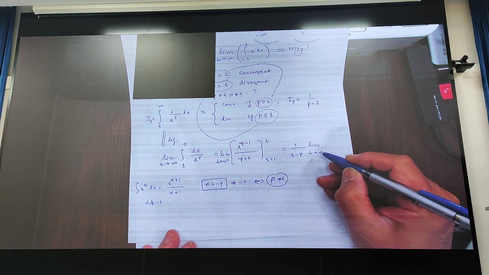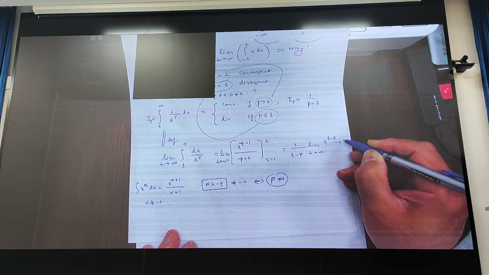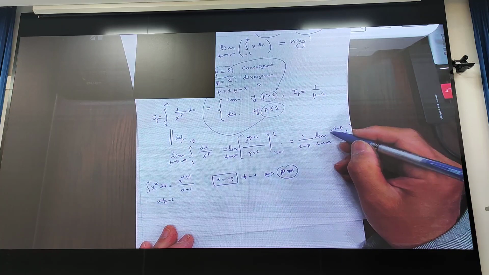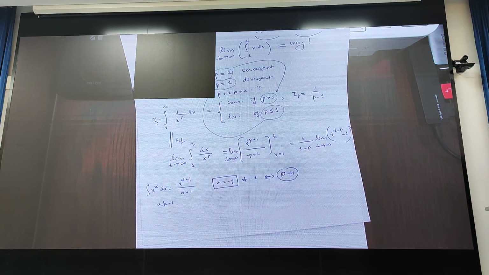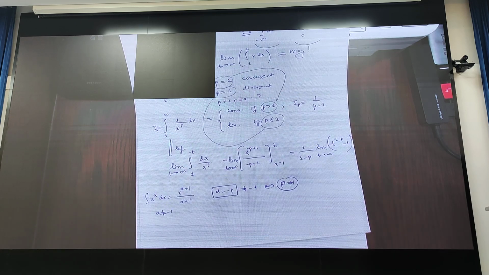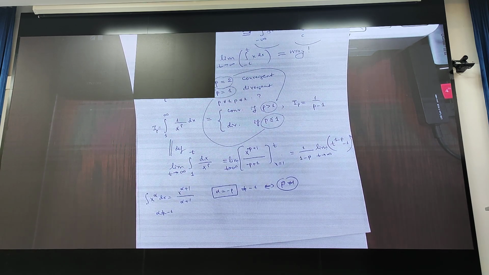So then you have t^(1-p) minus 1. Agree? So you have that: 1 minus p, t to the 1 minus p.